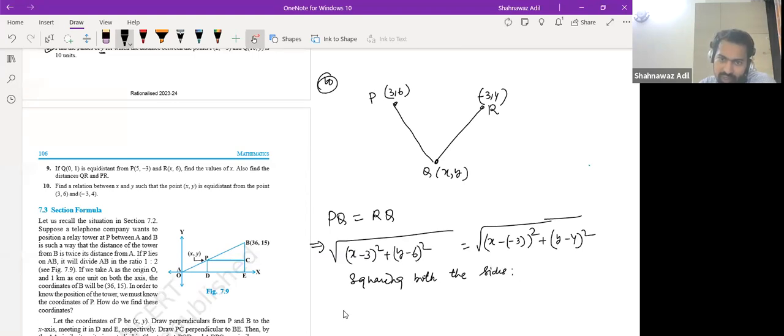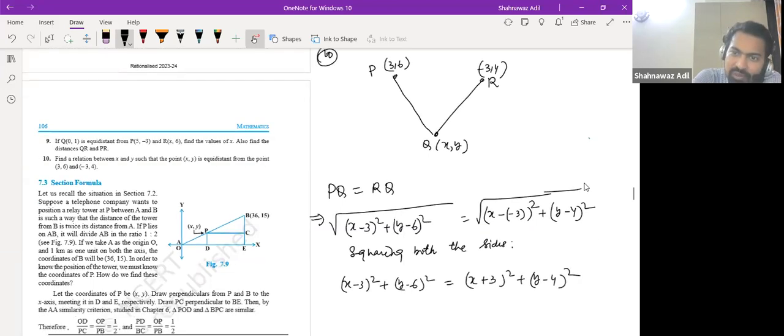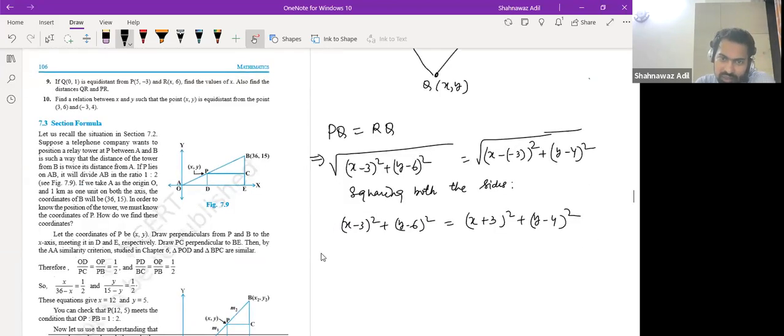So what we'll get is (x minus 3) whole square plus (y minus 6) whole square, and this is (x plus 3) whole square and (y minus 4) whole square. Again, we'll use the identity (a minus b) whole square, which is a square plus b square minus 2ab, and then a square plus b square and minus 2ab.